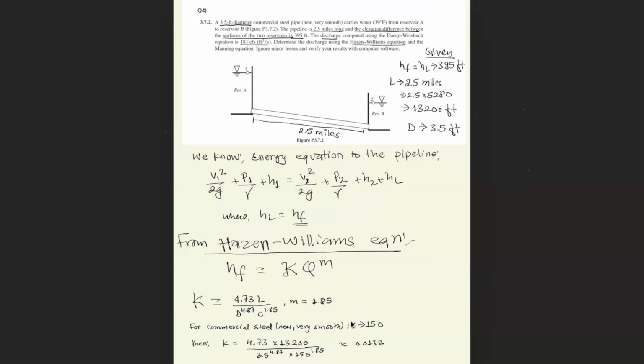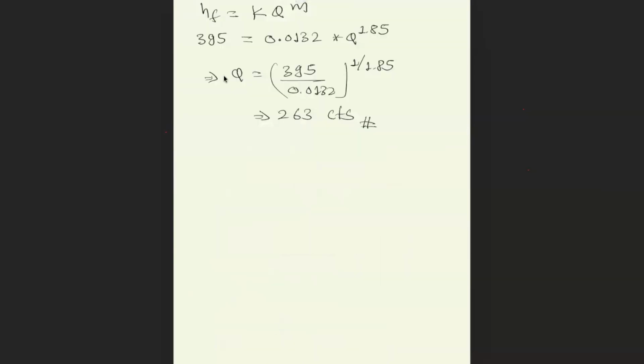For commercial steel, maybe new or very smooth, the value of C is considered as 150. So that gives us all the values, and we just need to put them in the equation of K. That gives us 0.0132.